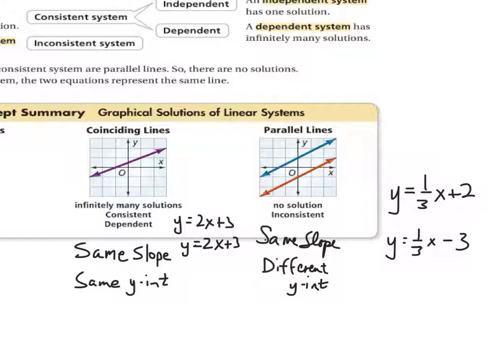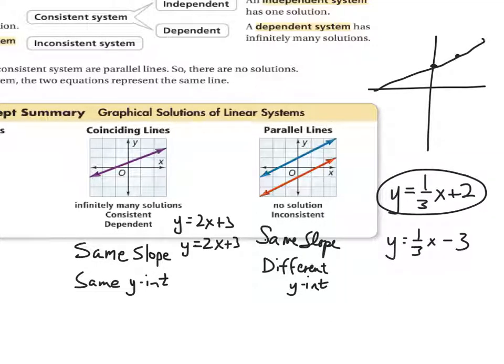Okay, if you study these equations, you notice the slopes are exactly the same, and the y-intercepts are different. Okay, so again, I'm just going to kind of quick sketch this. You would go on this guy right here, you would go up 2, put a dot, and then you would go up 1 and right 3. So your graph would look something, just quick sketch like that.